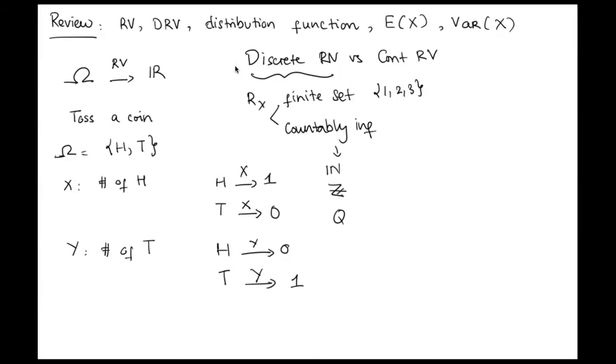There are other countably infinite sets as well, but in the scope of this course, usually you just see natural numbers or integers. For a continuous random variable, the range of the random variable is uncountable. So it would be some set like the set of all real numbers, or it can be some interval. Okay, so that's it about the concept of random variable.